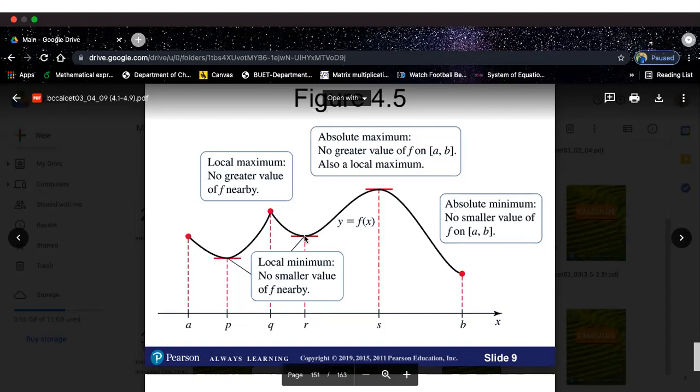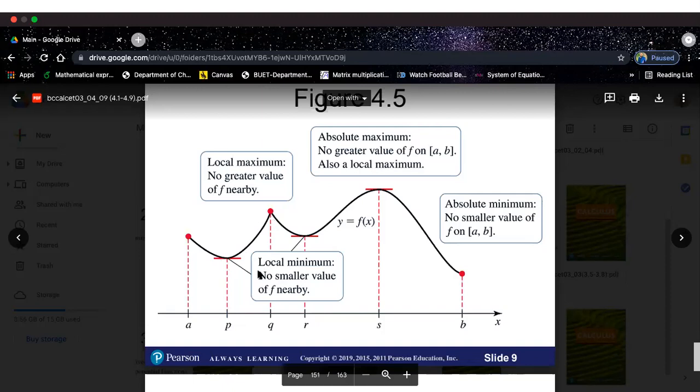That means there is at least one point which is actually lower than this in terms of value. And there is this one. This value is actually below these two points.